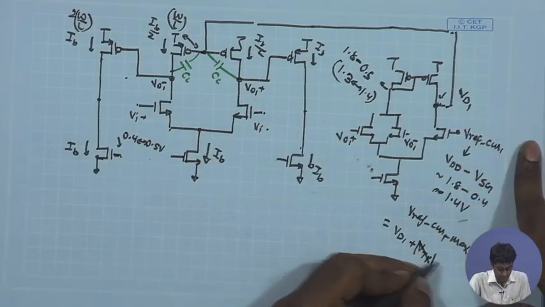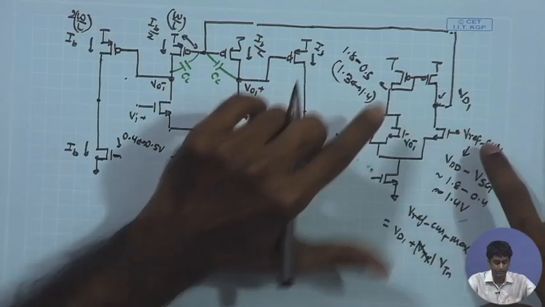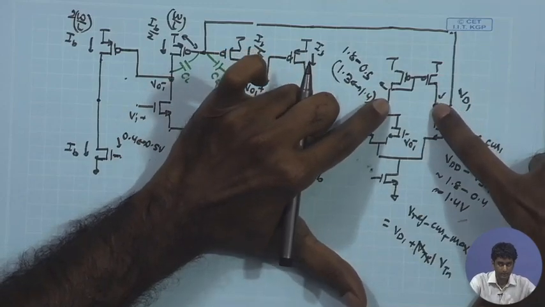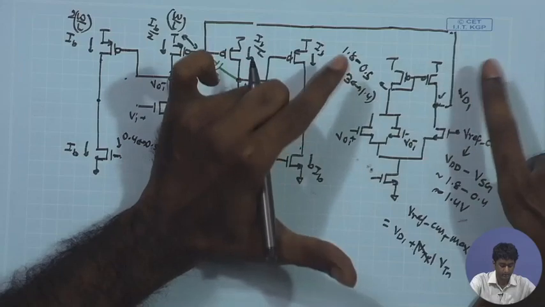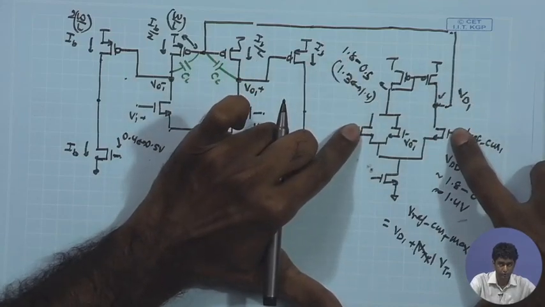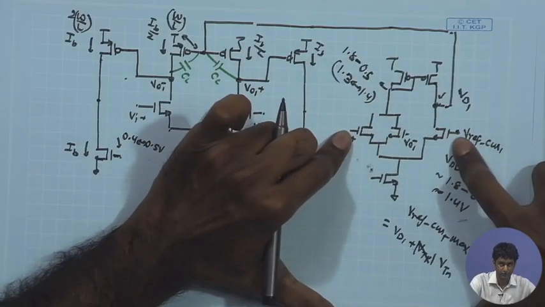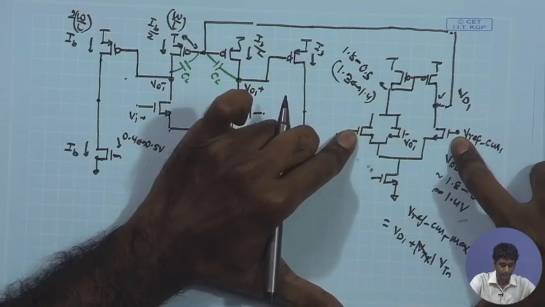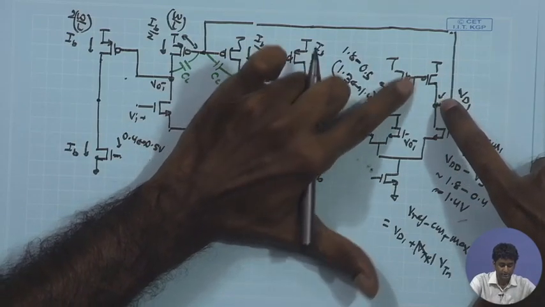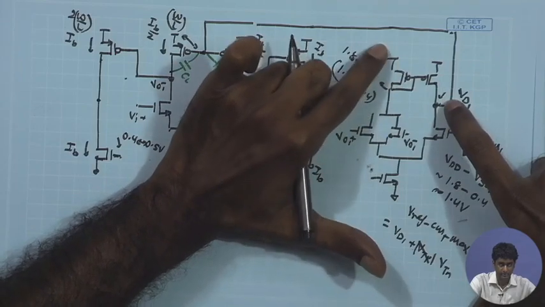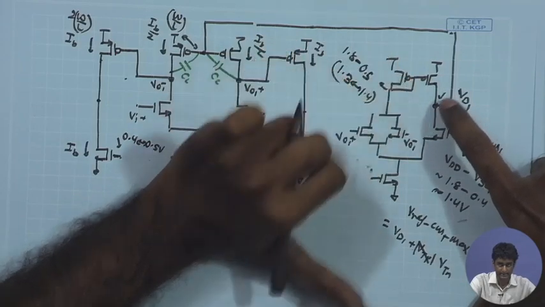Sorry, this should be plus Vtn of the NMOS, because here we are talking about a particular drain voltage which has been set with the help of the direct connected MOSFET, and if you are assuming that these two voltages are close together under nominal operations, as a result the drain voltage over here is set with the help of the direct connected MOSFET, that is VDD minus VSG, that is same over here.